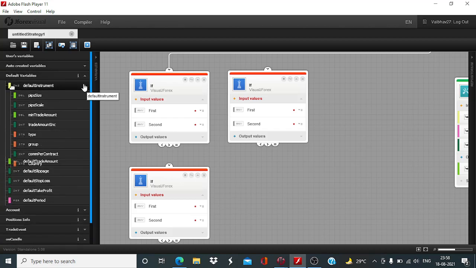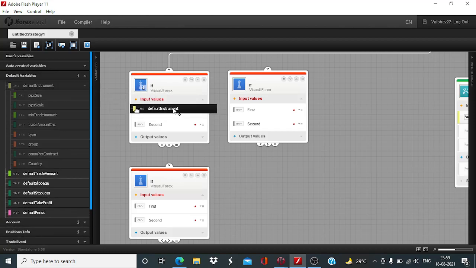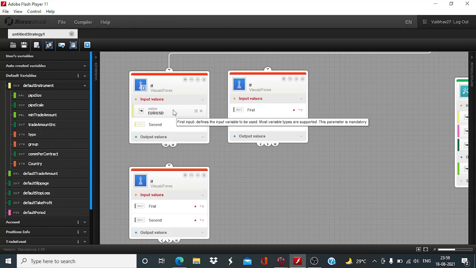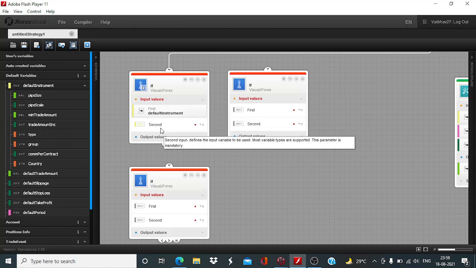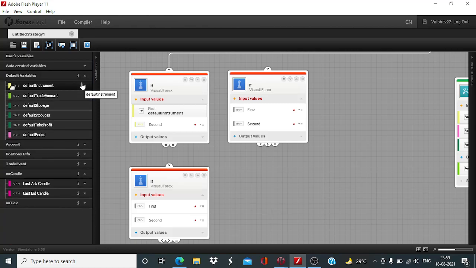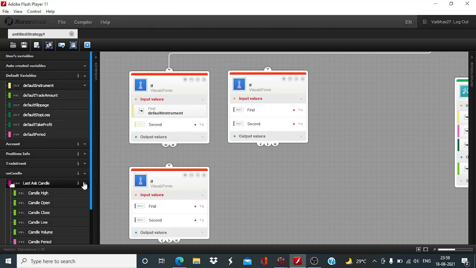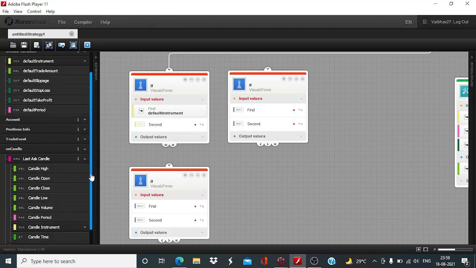Default variable, default instrument should match the candle instrument.